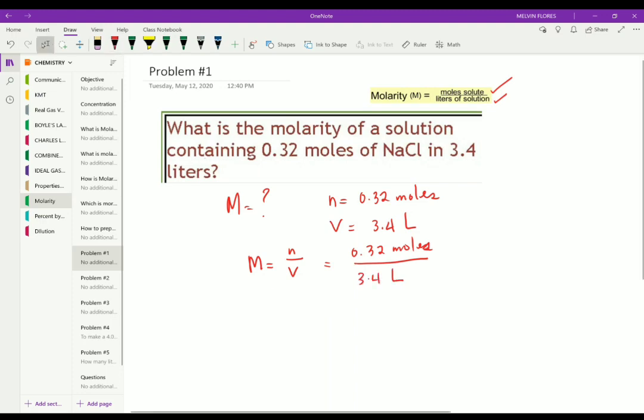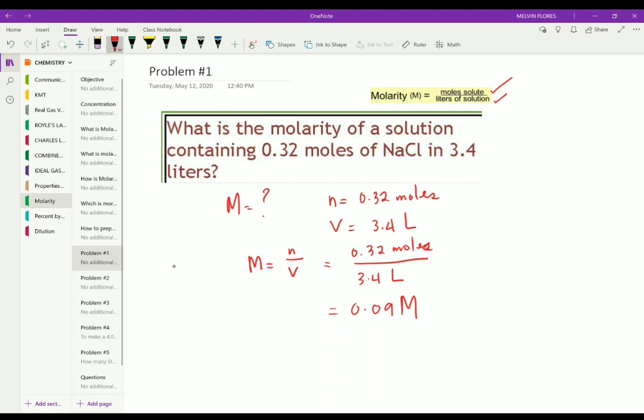So the 0.32 mole divided by 3.4 will give you 0.09 molarity. So this is equal to 0.09 molarity. Remember that molarity means moles per liter.